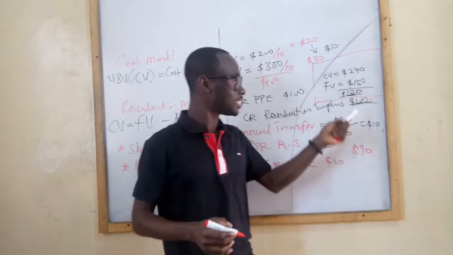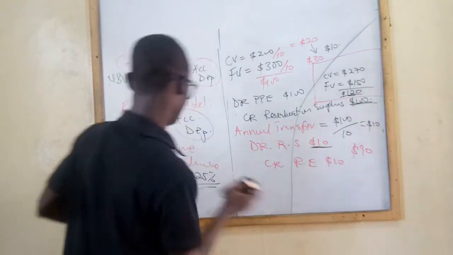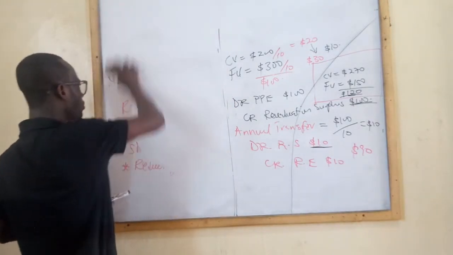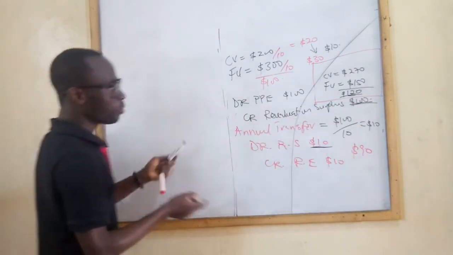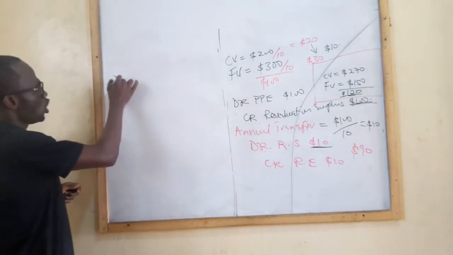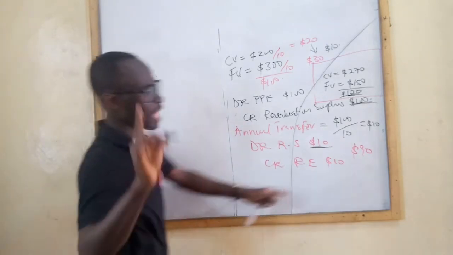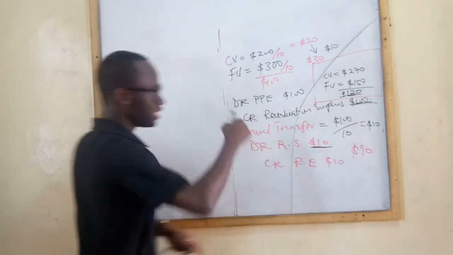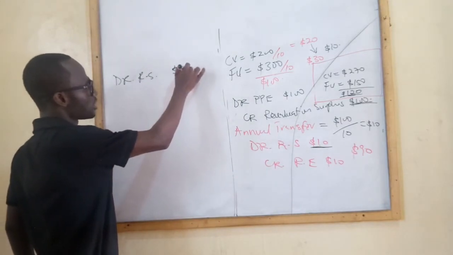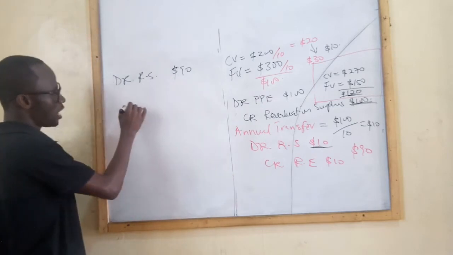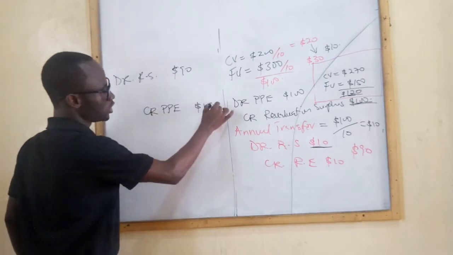So that 90 that is left from the revaluation surplus, let's see what we're going to do. For this impairment of 120, the double entry is simple. We're going to be debiting the revaluation surplus with how much? 90 that is left, so that we take it out from there. $90. Remember, we will credit PPE by the whole 120.